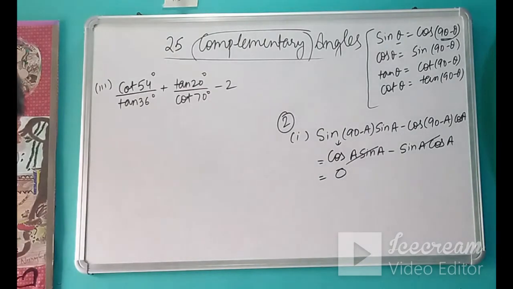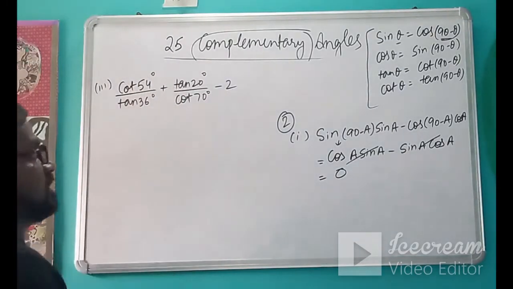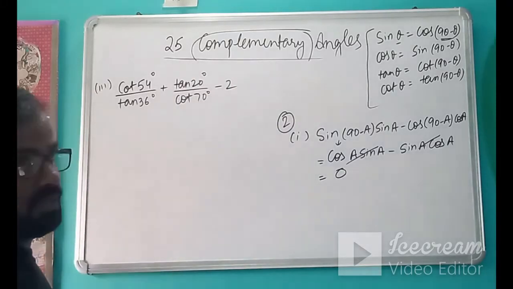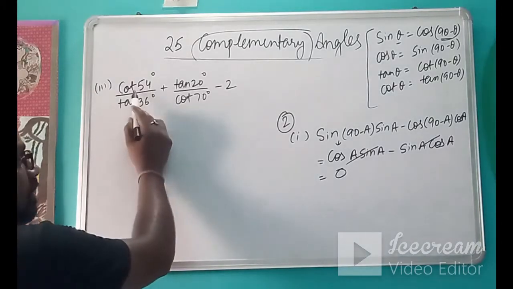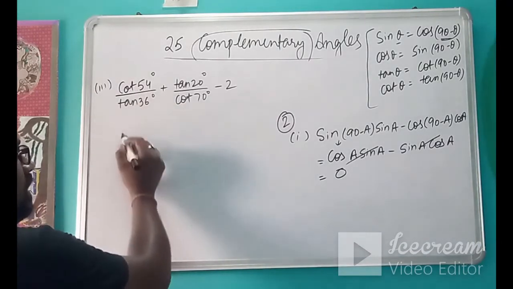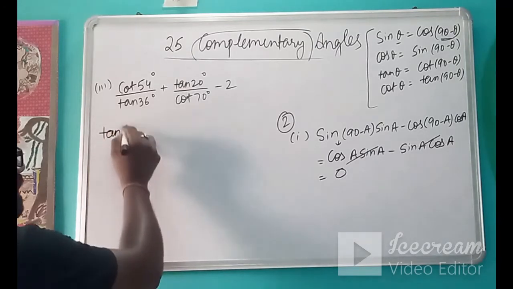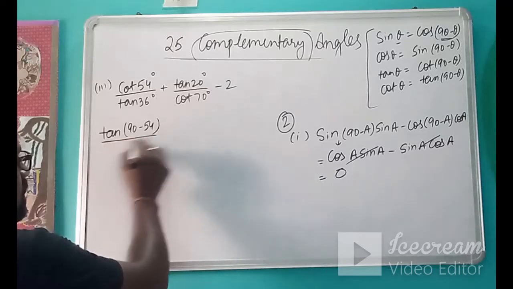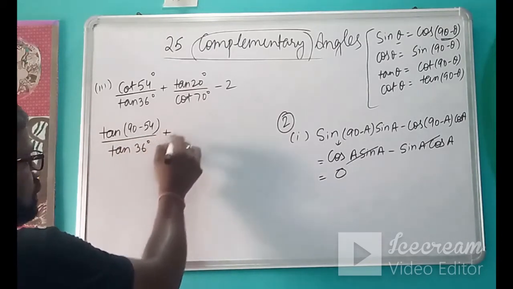See, okay, again we have to solve it. So 54 plus 36 will give you 90, and 20 plus 70 again will give you 90. So either we will replace cot by tan or tan by cot. So suppose you want to replace it like this, tan 90 minus theta, and do not change the other. If you change it, again you will get the same question.